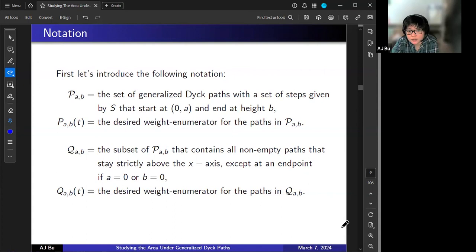And then we're going to separate the subset of the paths that stay strictly above the x-axis, except for at an endpoint if one of the endpoints is 0, because then it obviously has to hit 0 at that point. We're going to denote this subset with Q sub AB, and its enumerator is going to be Q sub AB of t.